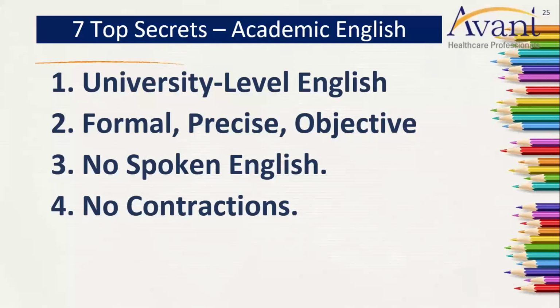So we looked at 7 top secrets of academic English today. First, academic English is the English of the universities in English-speaking countries. It's formal, precise, clear, and objective. There is no spoken English in academic English. There's no contractions.